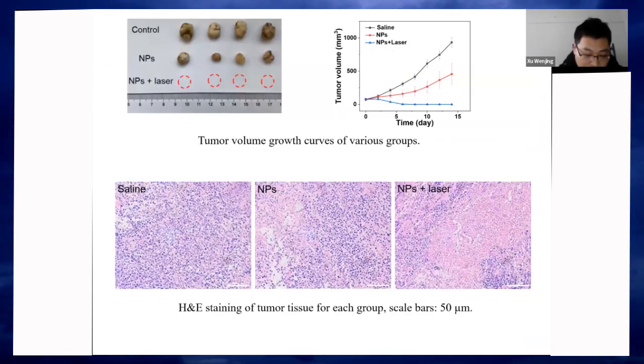For the anti-tumor effect of nanoparticles in vivo, tumor volumes were recorded every 2 days during the 48 days of treatment, as shown in the figure.